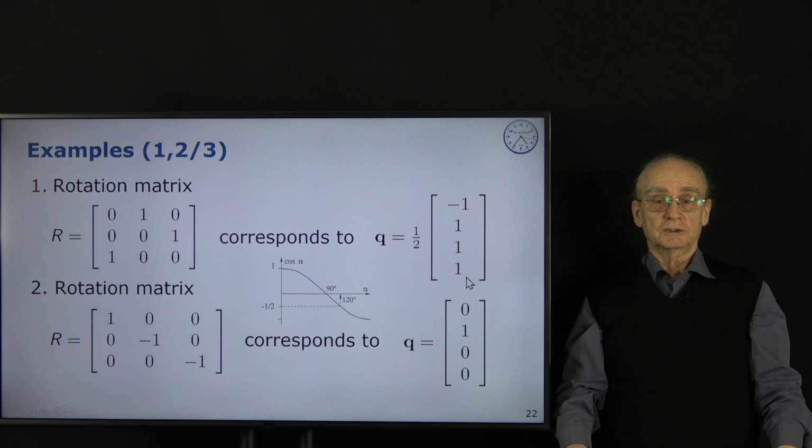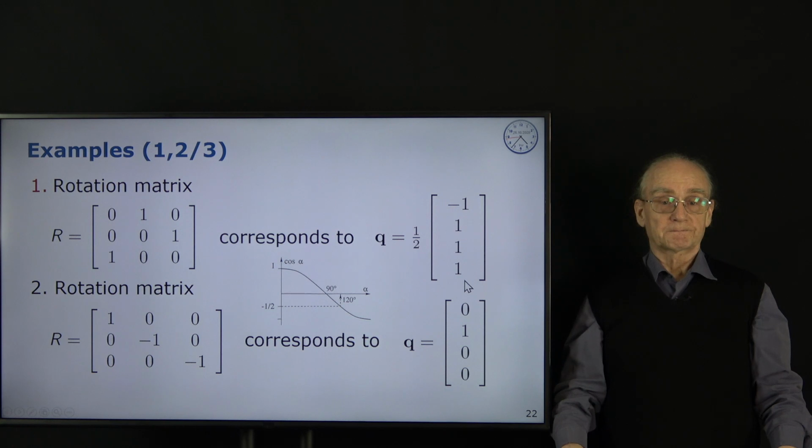So it's a rotation by arccosine of -1/2 multiplied by 2. Arccosine of -1/2 is 120 degrees. That means we have a rotation by 240 degrees, that means a negative rotation of 120 degrees about this axis (1, 1, 1).